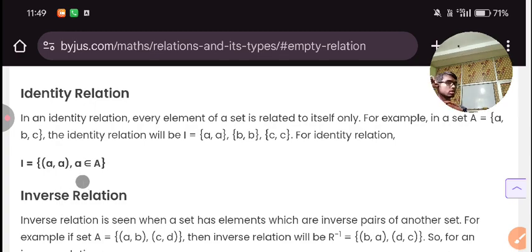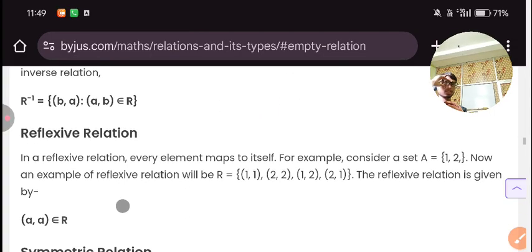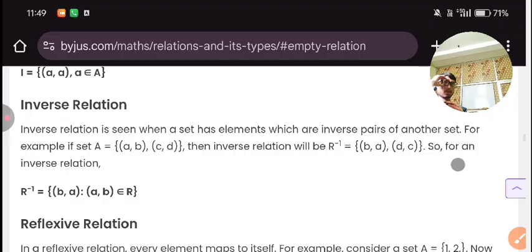This is what an identity relation is. Inverse relation is just the opposite of this. If we have (a, b), (c, d), the opposite would be (b, a), (d, c). We just convert (x, y).